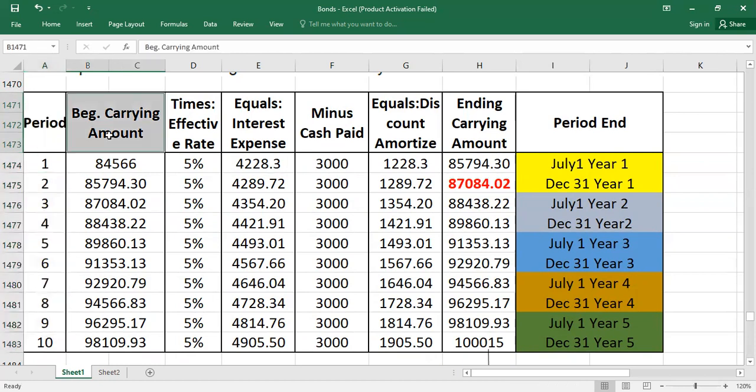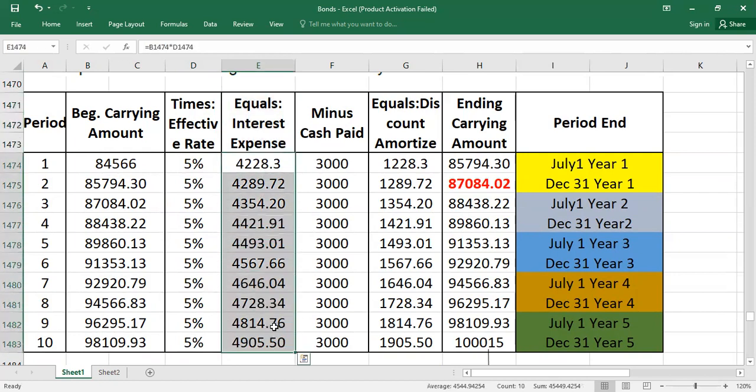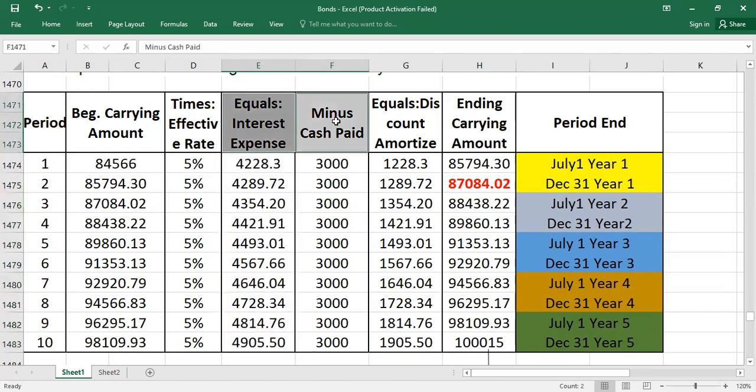The second column is for the beginning carrying amount. Then you multiply the beginning carrying amount with the effective rate, which is 5%. I will put it here: 5, not stated, it's effective. Then it gives you the interest expense, which you record in the income statement. From this interest expense, you minus cash paid, because I'm actually paying interest based on the stated rate, which for every 6 months is 3,000.